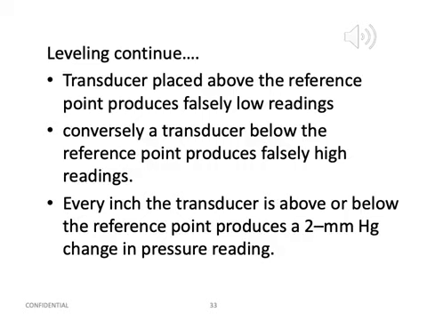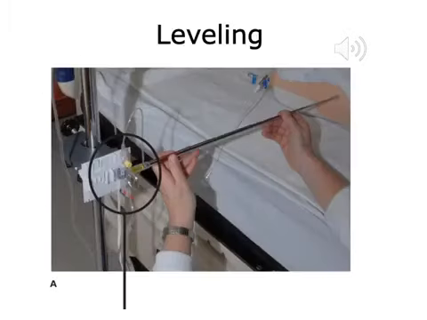For example إذا أنا كنت حاطة الترانسديوسر below الريفرنس بوينت ب 1 inch وكان البلد بريشر تبع البيشنت الاكيوريت هو 140، راح يصير يعطيك 142، يعني 2 mmHg زيادة بالبريشر ريدينج. هذا إذا كان زي ما قلنا above or low it depends، يعني هل هو above or low marked point. This is for you guys for more understanding.